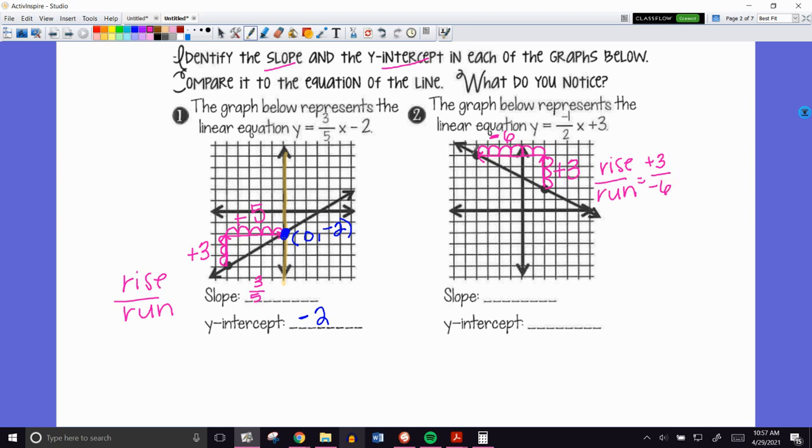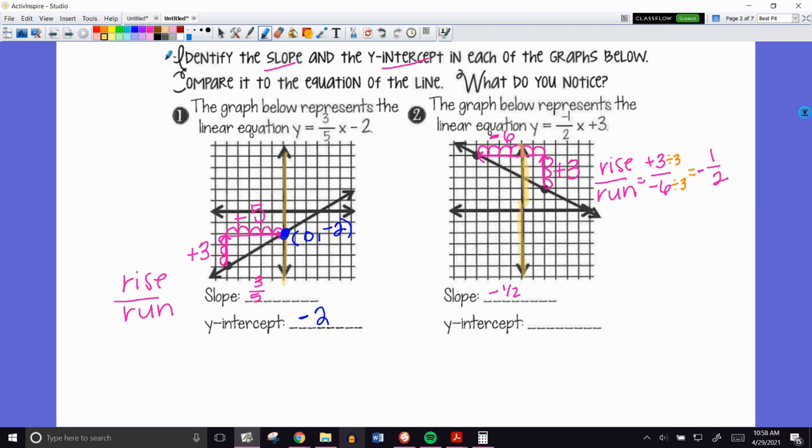But I know that I can simplify that. I can divide both of these numbers by 3. And when I simplify that, that does give me a slope of negative 1 over 2. Okay, so slope will be -1/2. And I'm going to find my y-intercept again. So I'm going to see where this graph crosses that y-axis.